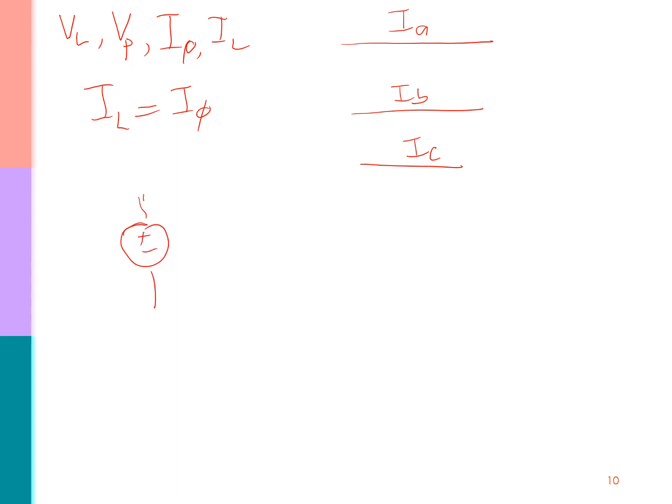This is the phase voltage VAN connected to a Y load, this is ZY, this is line A to capital A, and this is the neutral line.